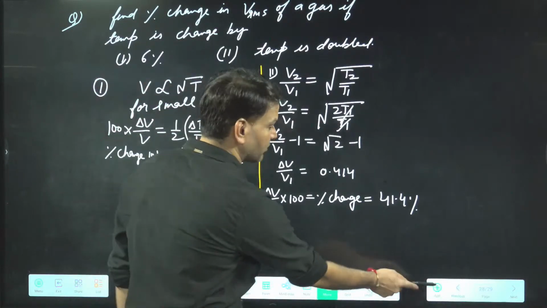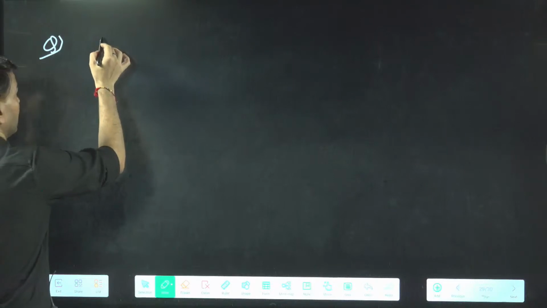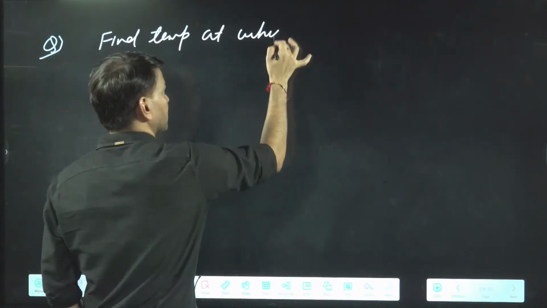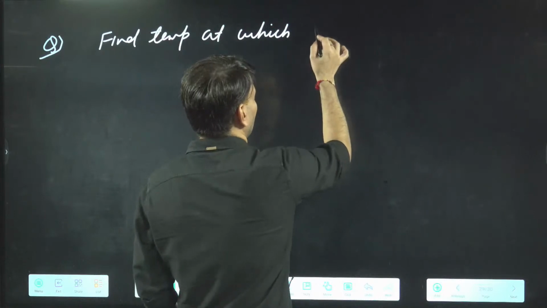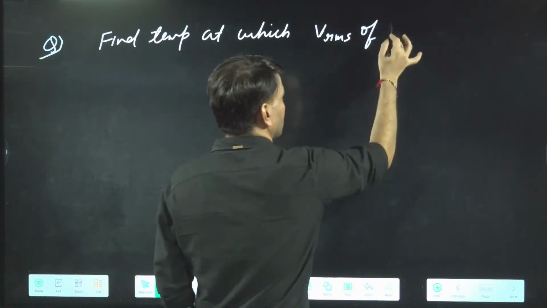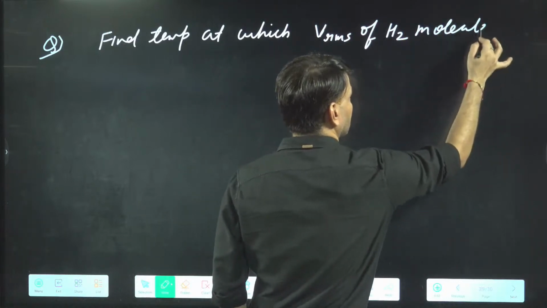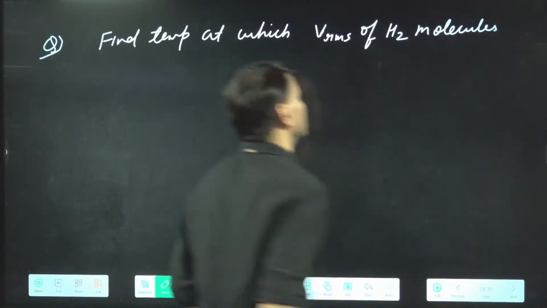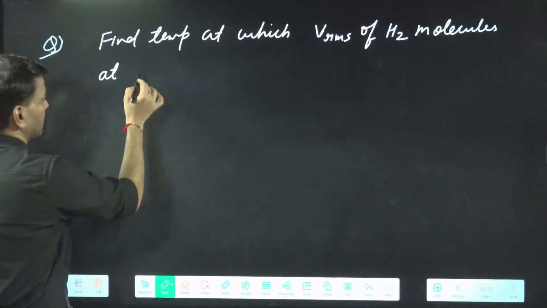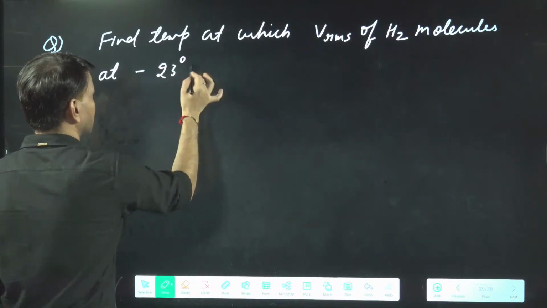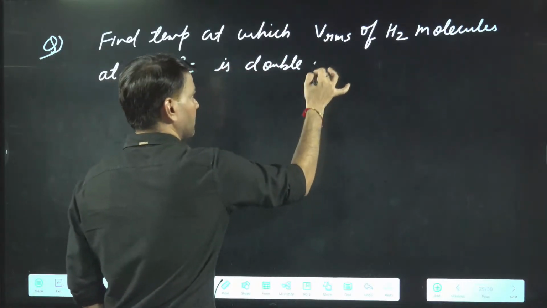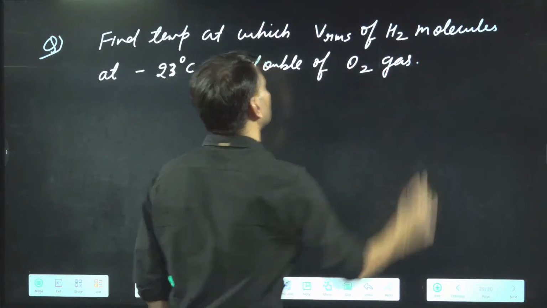Okay. So next problem you will do. Find the temperature at which Vrms of the hydrogen molecule at minus 23 degrees C is double that of oxygen gas.